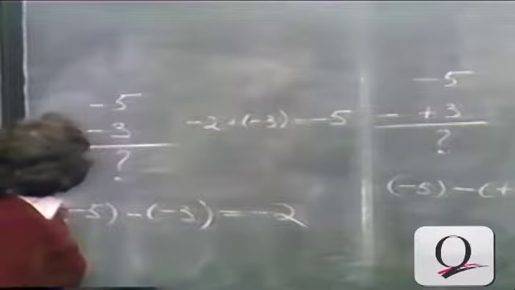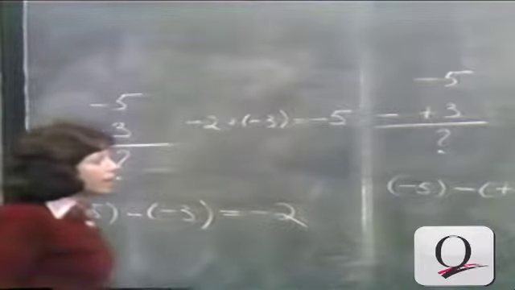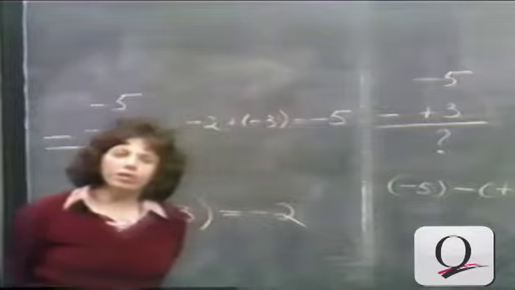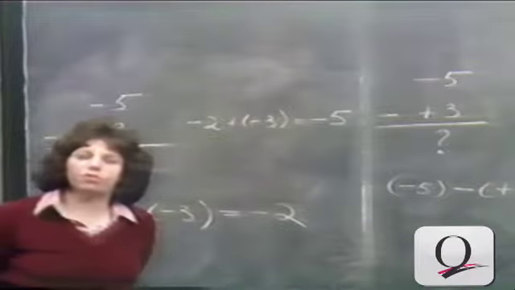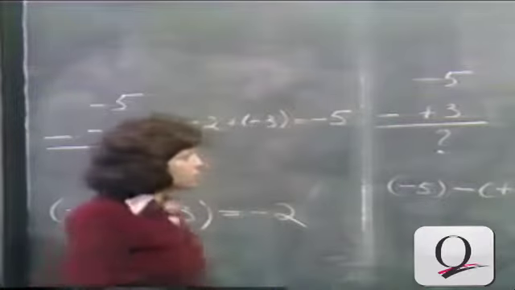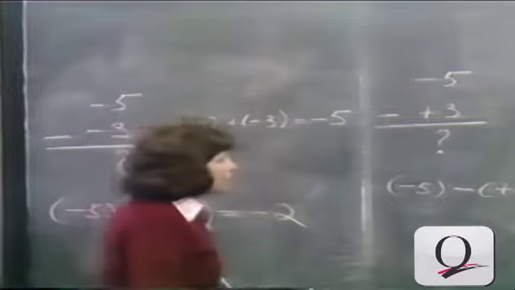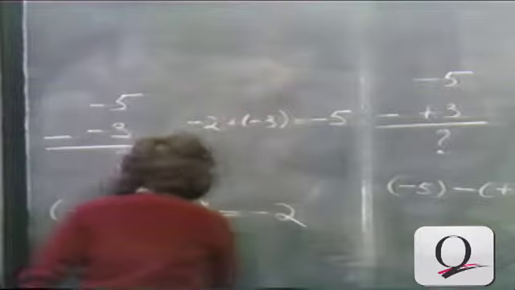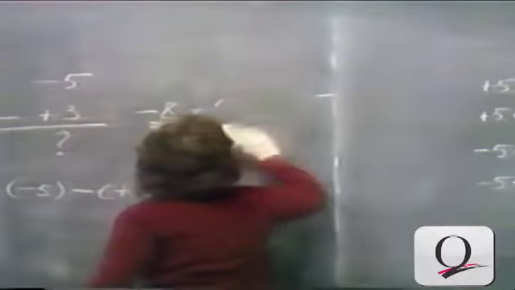You might have noticed that the answers to these 4 problems were 8 and minus 8, 2 and minus 2, which were also the answers to the 4 addition problems we worked out a little earlier. Let's put these 4 subtraction problems next to the addition problems that we have over here on the third board.